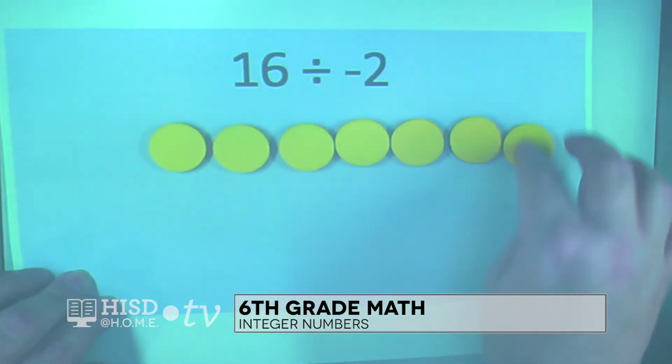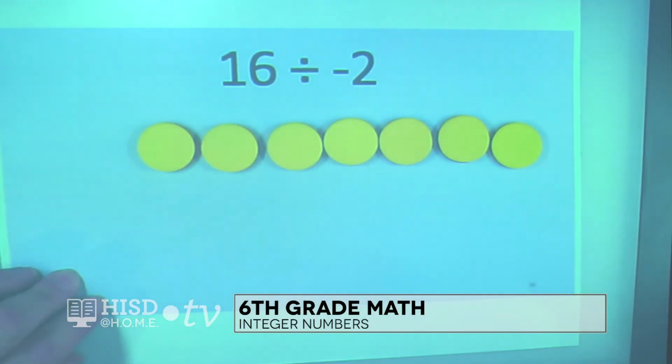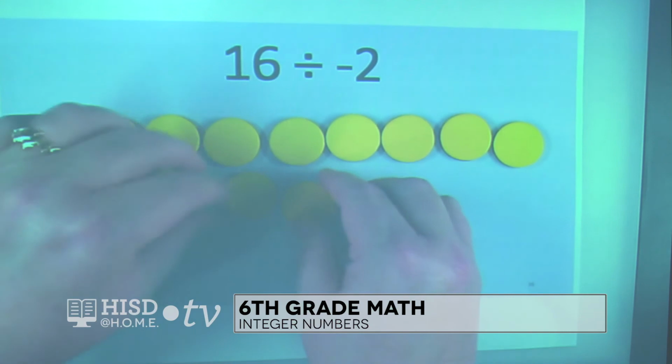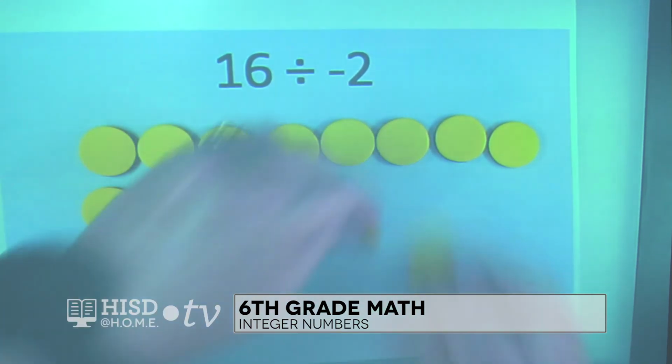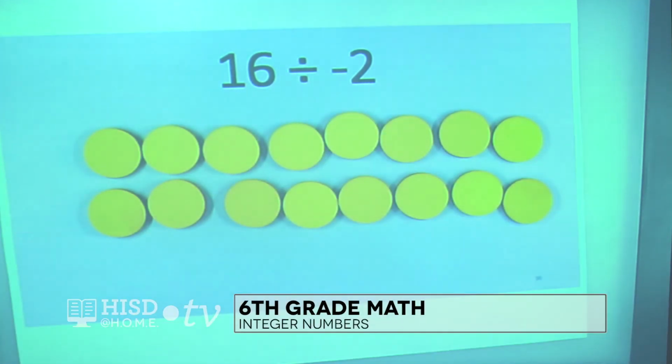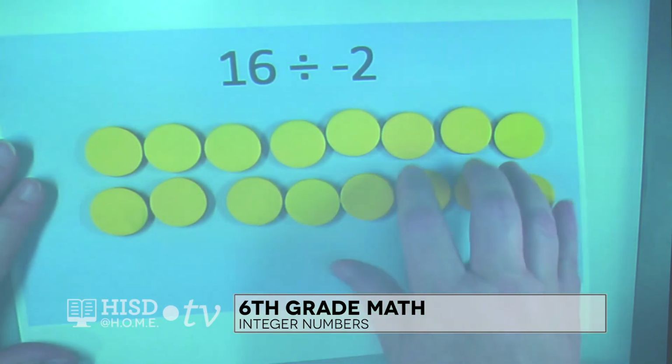So I'm building 1, 2, 3, 4, 5, 6, 7, 8. I gotta have 16. Notice that they're positive. So positive 16. And I'm going to divide it by -2. So remember how we're doing this. We're going to divide this into 2 groups, and then we're going to apply the negative.